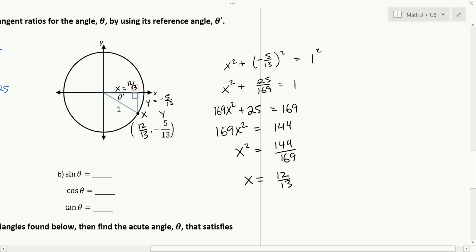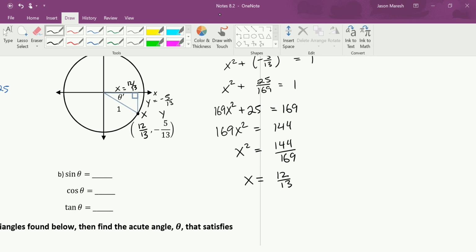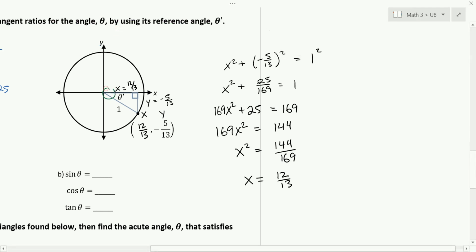And then with our triangle, our reference angle comes from our vertex at 0, 0. Our x value is the adjacent side, 1 is our hypotenuse, and negative 5 over 13 is the opposite side. So sine is equal to opposite divided by hypotenuse.